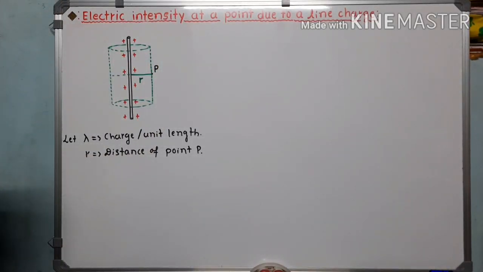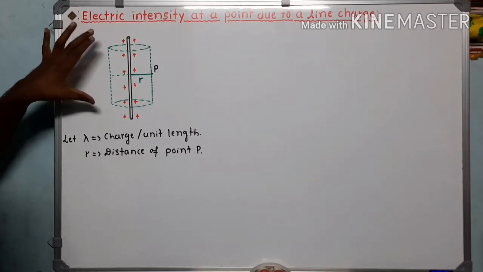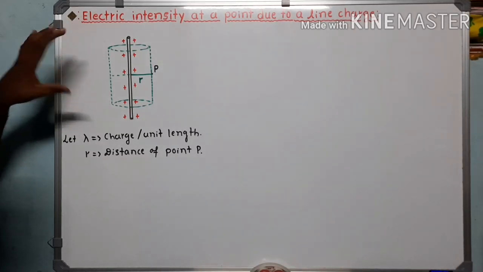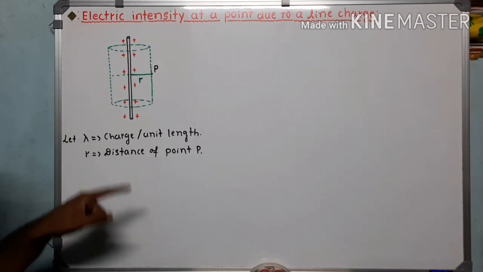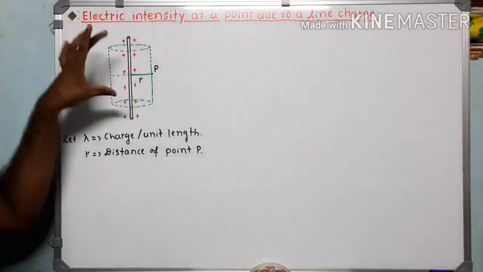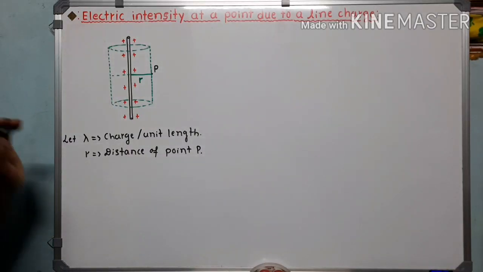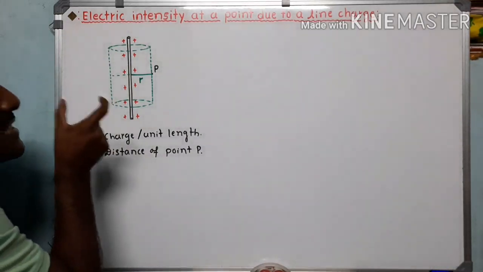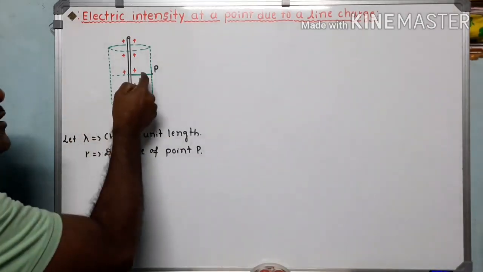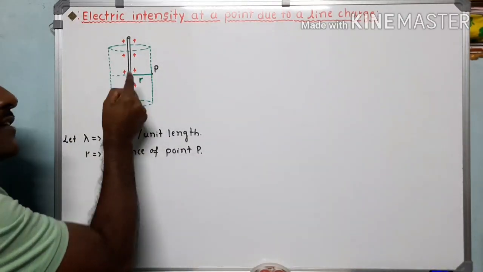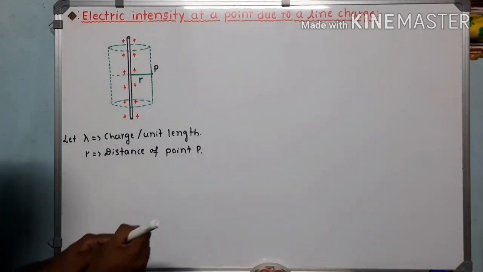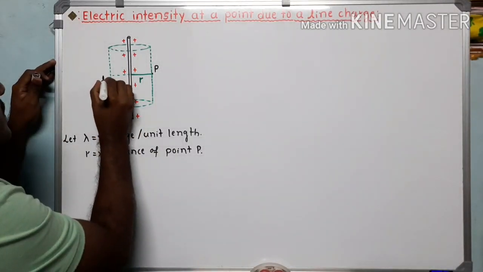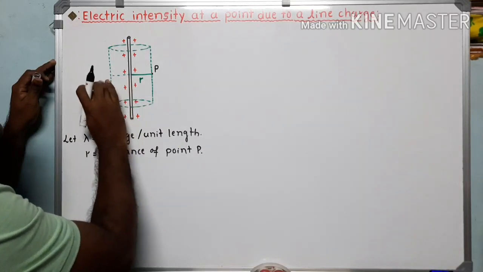Why have I considered a closed surface here? Because you are going to apply Gauss theorem. By applying Gauss theorem, you are going to find the intensity at point P due to this charged wire. If you want to apply Gauss theorem, you should consider a closed cylinder such that the point P lies on the surface of the cylinder. And let L be the length of this imaginary Gaussian cylinder.